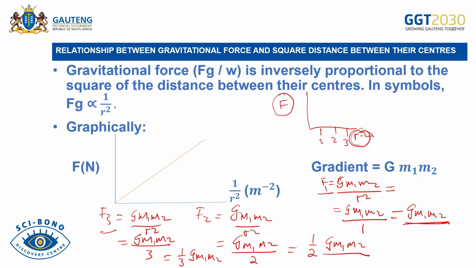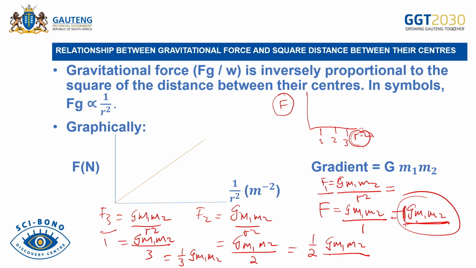Your 1 over 3 is 0.33, which is less than 0.5, which is your 1 over 2. So what is happening to F when you increase R squared? You can see F decreases.